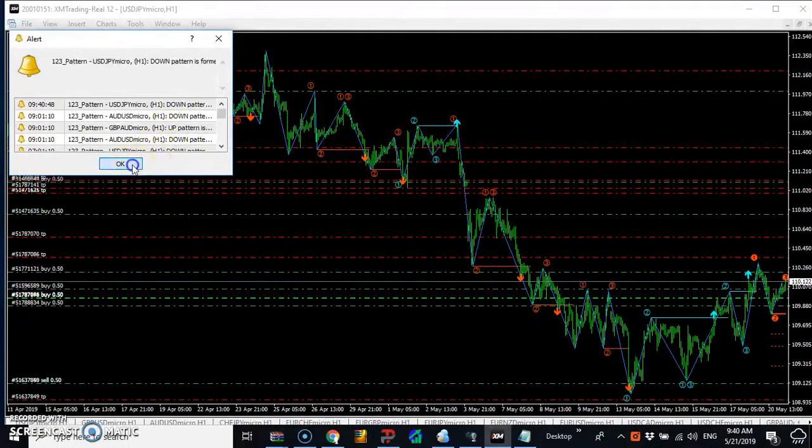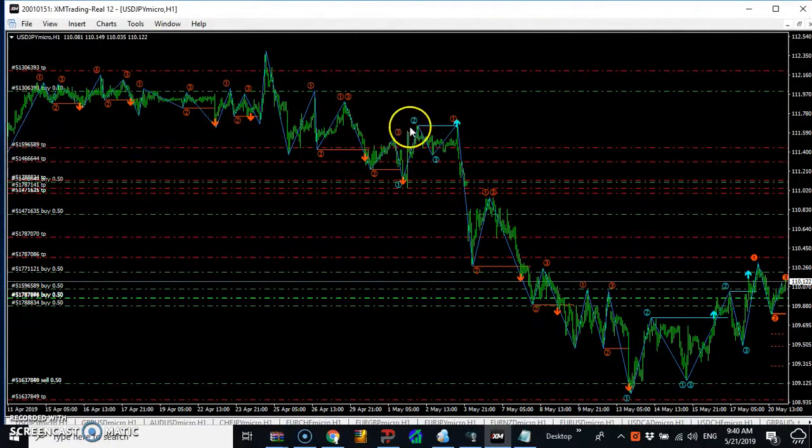Alright, this is the 1 2 3 pattern as you can see it. What this does is it shows you pullbacks on the major trend and pullbacks on the micro trend, which helps you to make a decision for a good entry into the market.